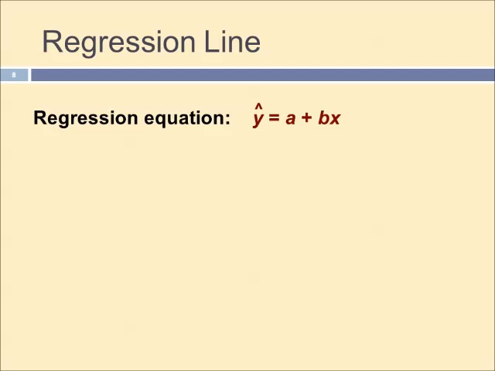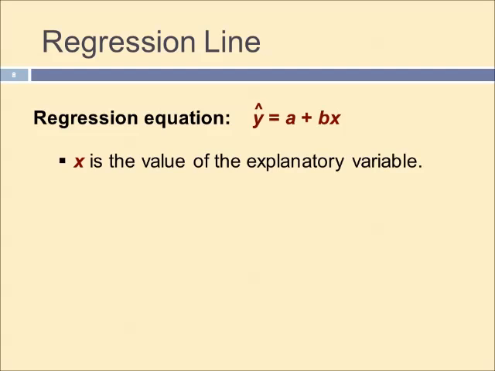Okay, so you probably remember from algebra we have the equation of a line, y equals mx plus b. The regression line in statistics is usually written slightly differently, but the components are pretty much the same. We call the predicted value y hat, the y-intercept is a, and the slope is b.